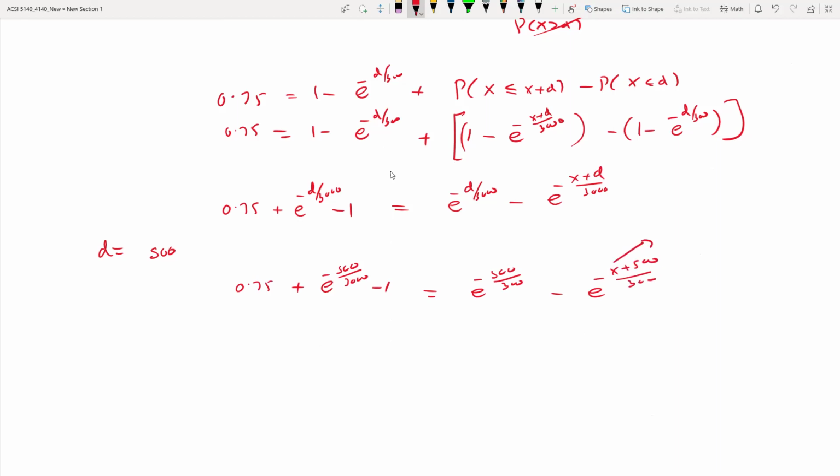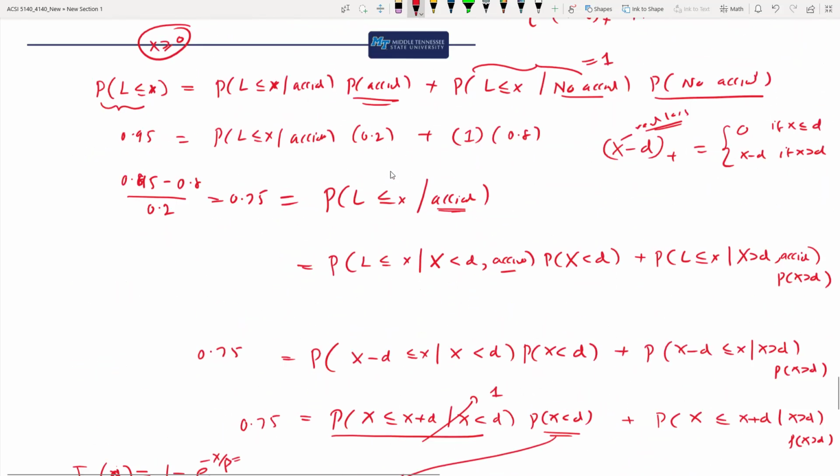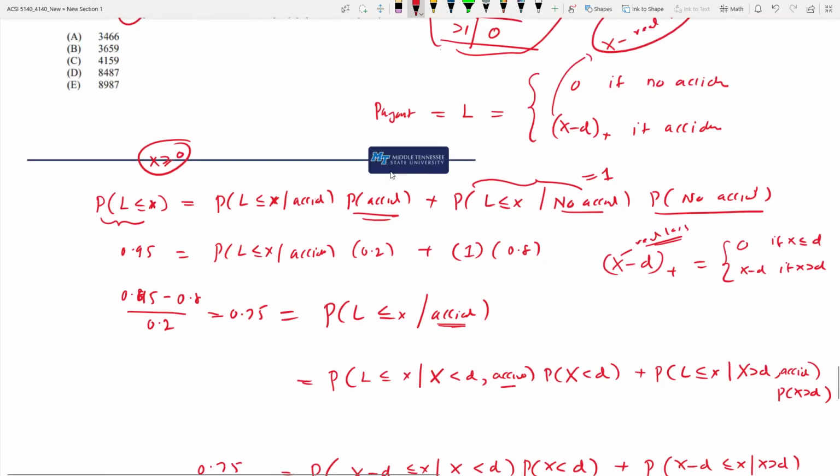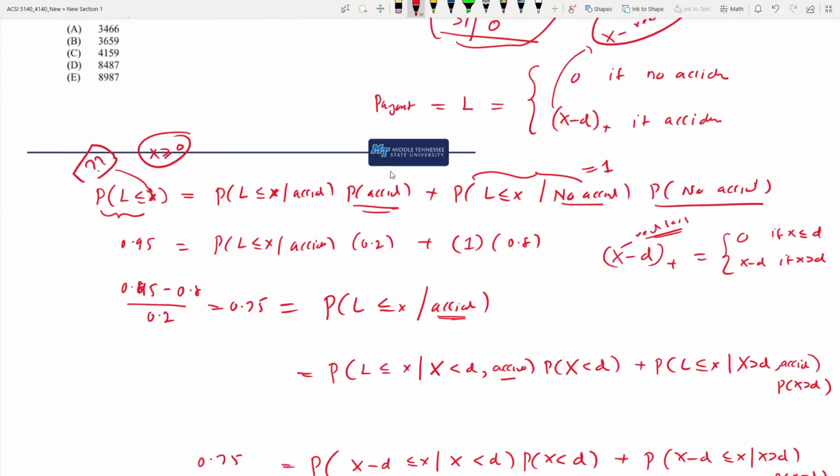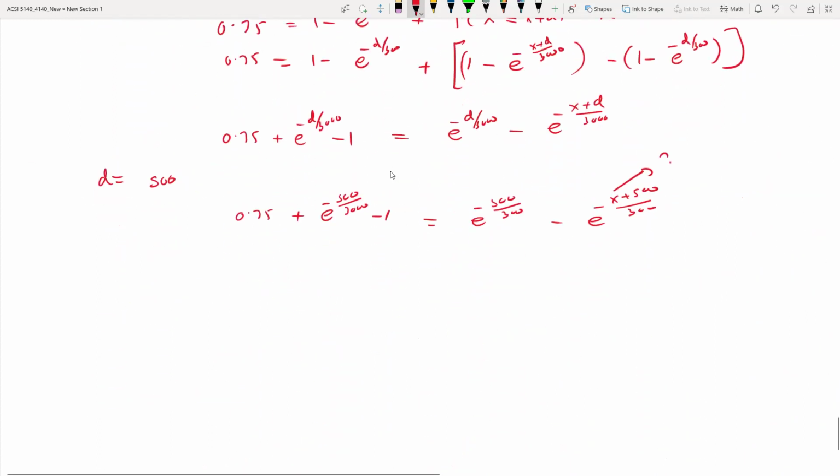Okay, so we are solving for x. That's what we are looking for, because that's where we started. This is our 95th percentile. We want to know what that number is. Right now it's more about using your calculator. So let's see what you get, 0.75. Let me write one more line and leave it to you to try.